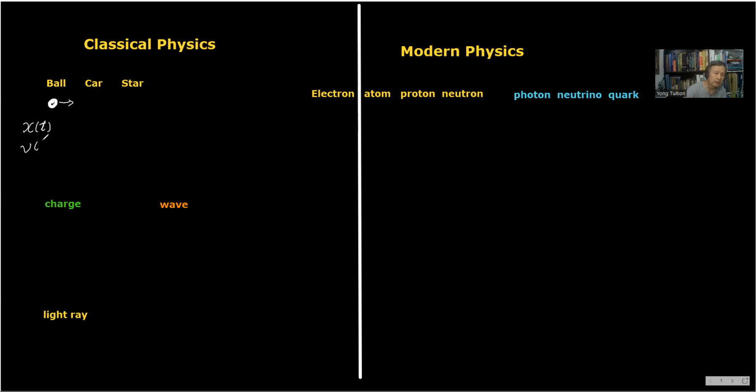Then we talk about velocity and acceleration. But in high school, acceleration is constant. So that is the basic: when we describe how a ball moves, we just use these three ideas.